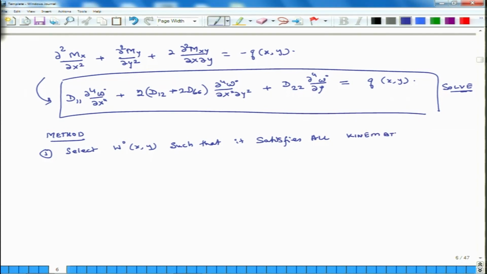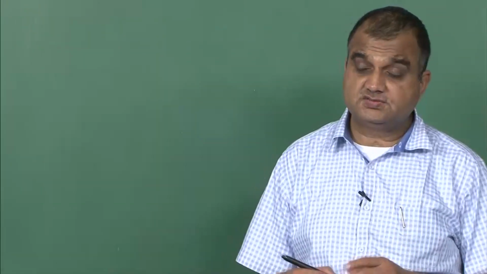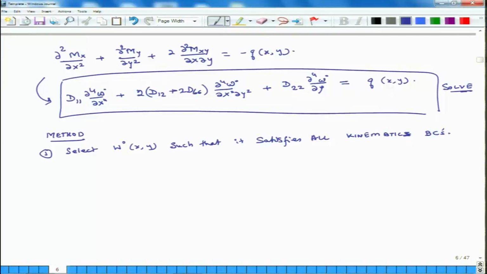So, this is a significant difference. In the earlier approach, when we were solving for finite plate problem, we were selecting w which satisfied all the boundary conditions. Here we are not satisfying all the boundary conditions, but we are satisfying those boundary conditions which are related to kinematics of the problem. So, kinematics, what does it mean? That which are related to displacements and their derivatives. Okay.